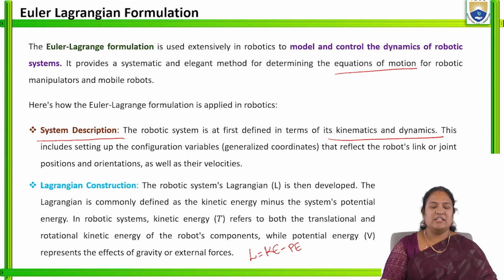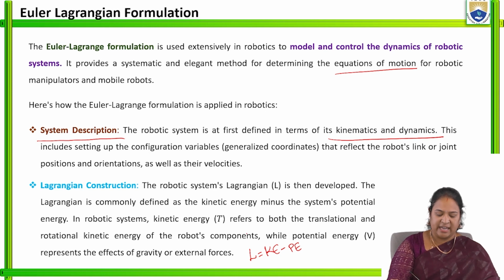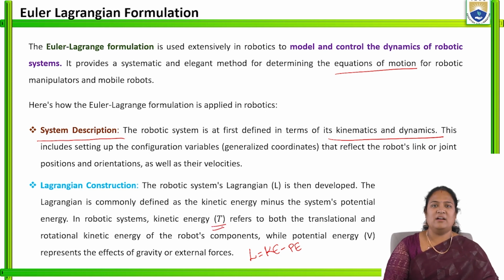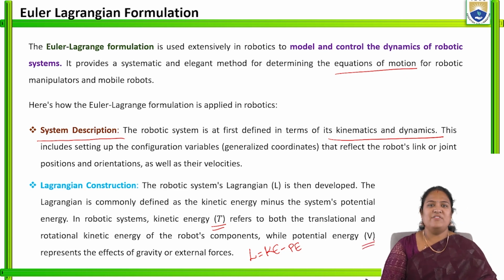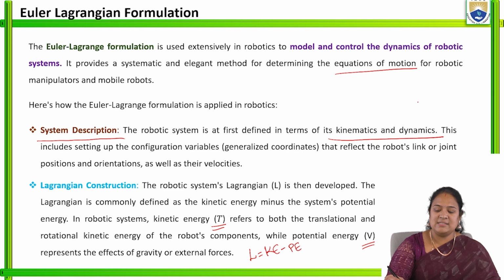In robotics, we denote the kinetic energy as K, or T, and the potential energy as Pe, or V, which represents the effect of gravity and external forces. The kinetic energy involves the translational or rotational motion of the robot's manipulator.